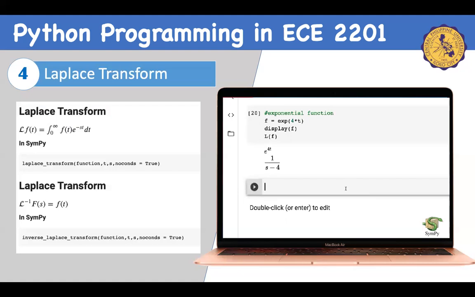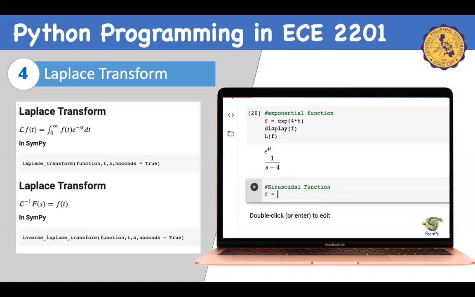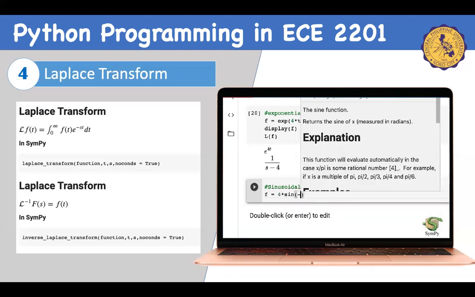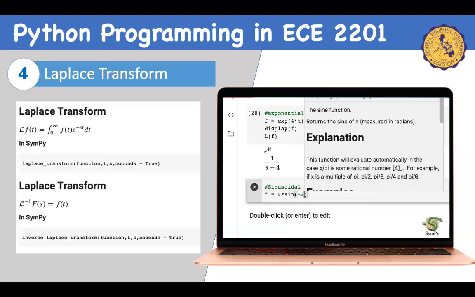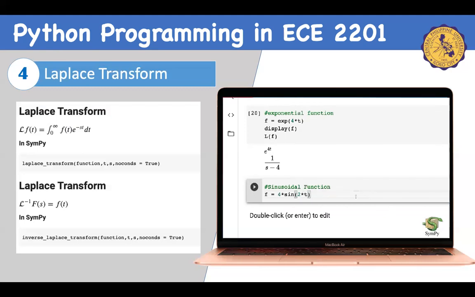Now we go to the next problem. This time we go to the sinusoidal function. Let's start with f equals 4 sine of, let's say, negative 2t, or simply 2t only.